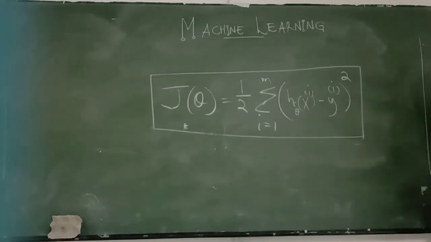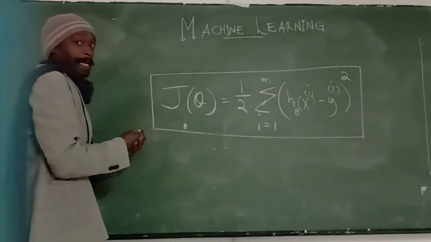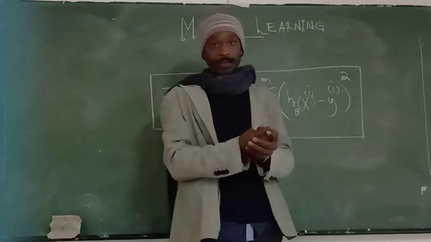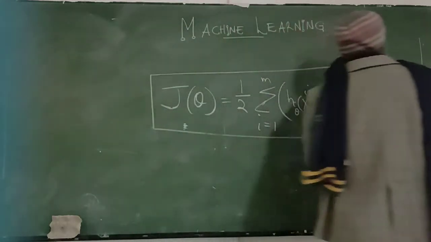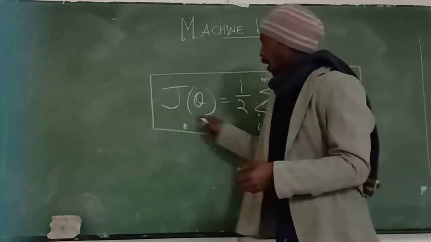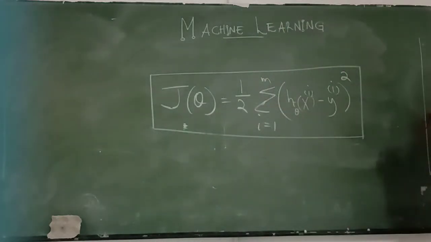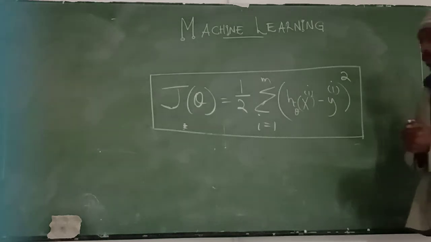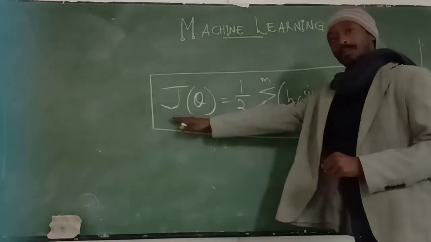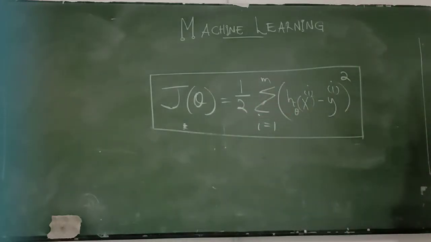In our lecture today, I want us to look at the concept of gradient descent. In gradient descent, we want to minimize this quantity J of theta as a function of our parameter vector.